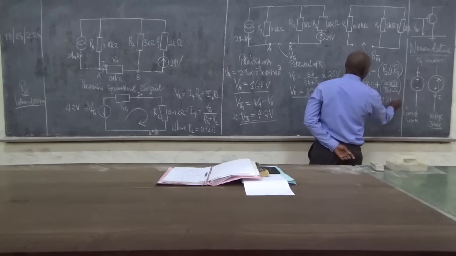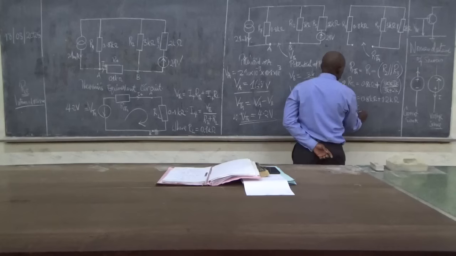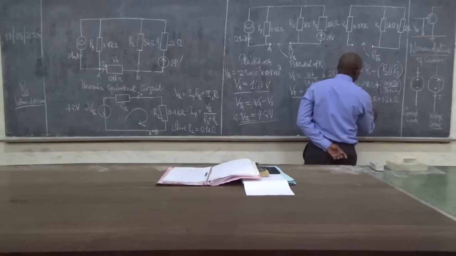So k ohms. Therefore, RTH equals to 2 kilo ohms.